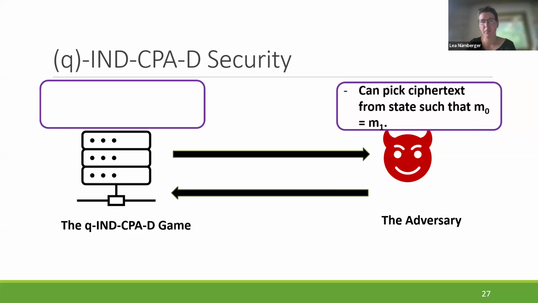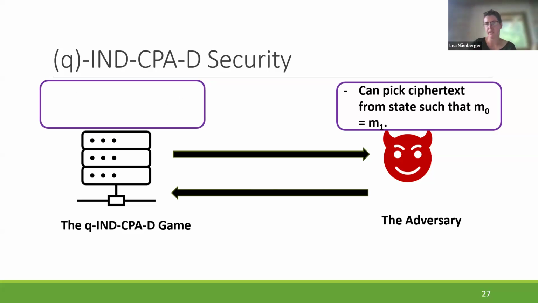But which is much more important, the adversary now also has access to a very restricted decryption oracle. So the adversary can pick a ciphertext from the state where M0 is equal to M1. That is, the two underlying messages are the same.